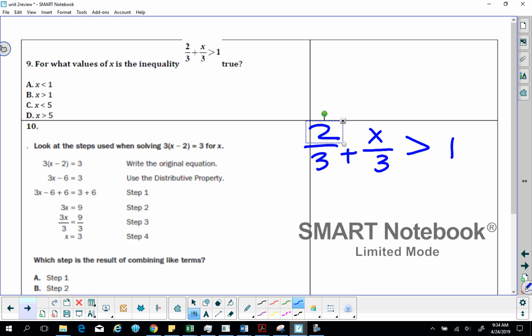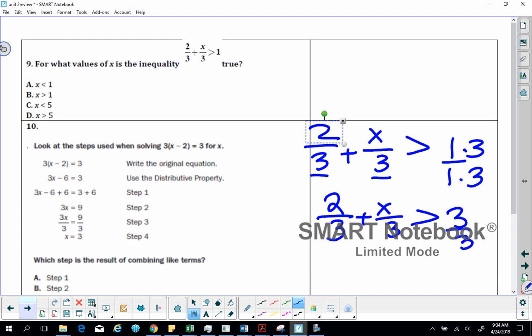So first, I can't do anything until all the denominators are the same. 1 we know is just 1 over 1. What could I multiply 1 by to get it to be 3? 3. And when we multiply fractions, we multiply the top and the bottom by the same number. That way I end up getting 2 over 3 plus x over 3 is greater than 3 over 3.